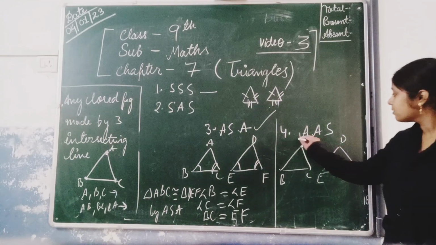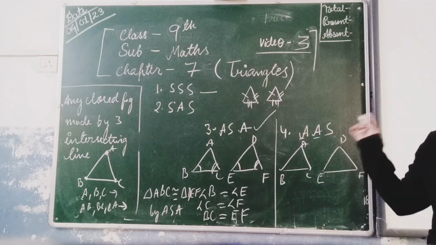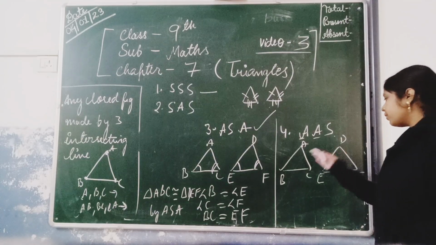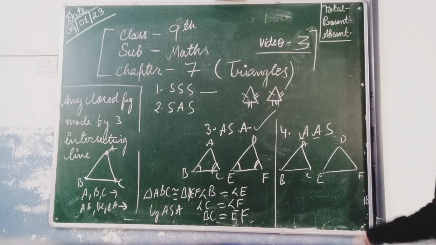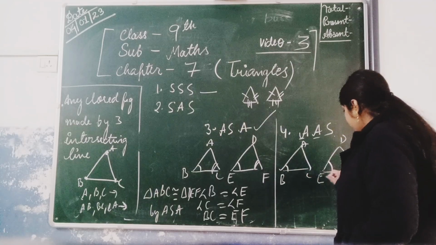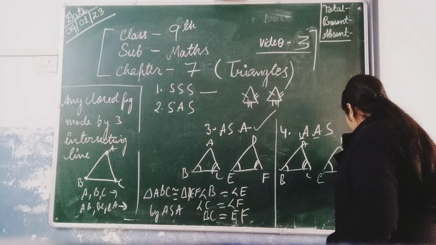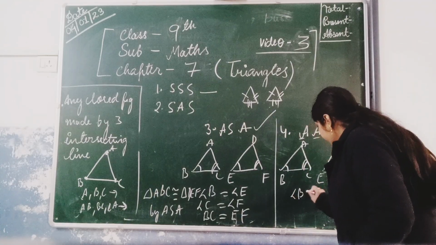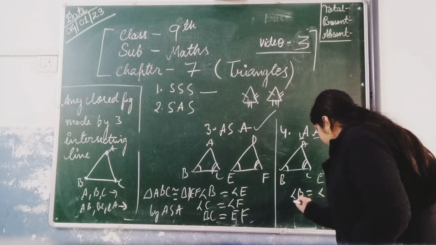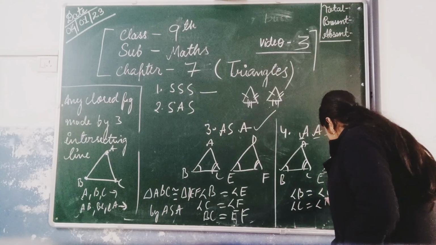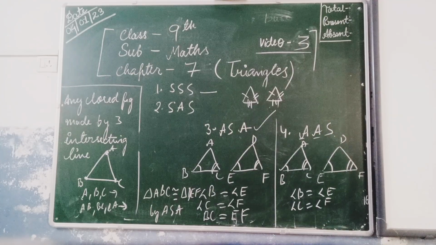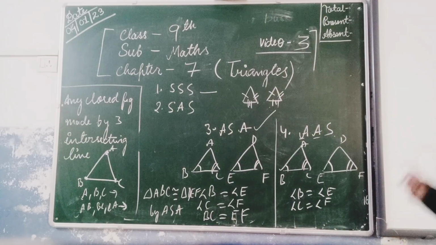When will we say it is angle, angle, side? Again we have a triangle ABC here and DEF. Suppose angle B is given equal to angle E and angle C is given equal to angle F. So the first part will be the same. We will write it like this also. Okay. So now what is the difference from point number 3?